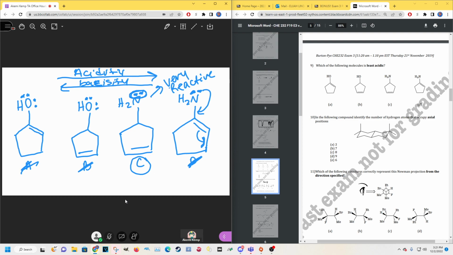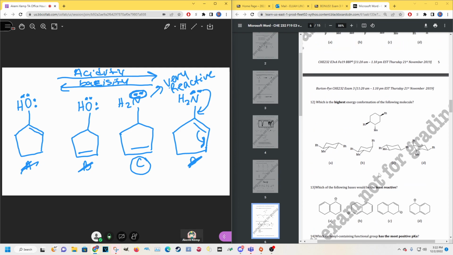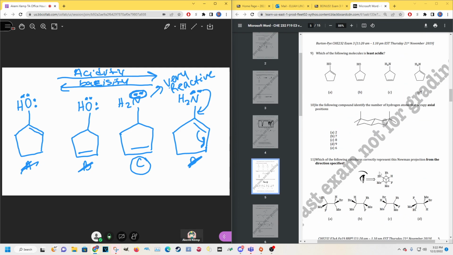So it makes sense that A and B would be acidic because there are protons attached to them. Versus C and D, they have no protons, so they would work more as the base than the acid. Because of those lone pairs and the fact that N is less electronegative, they're always going to be very reactive on nitrogen. So it'll work more as a base than it would as an acid.